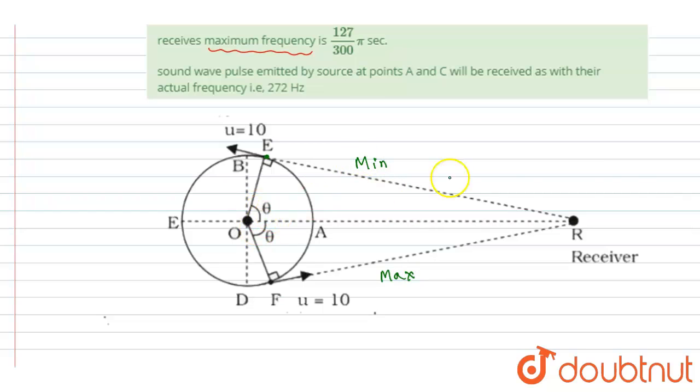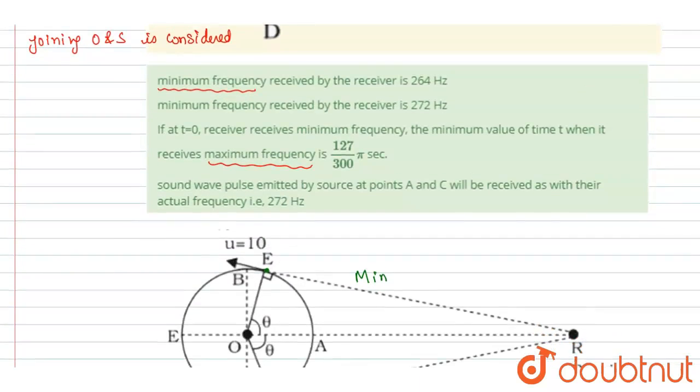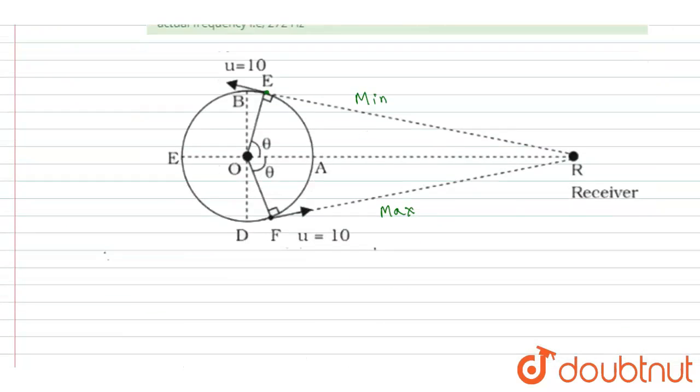And this angle is 2 theta, right? So if I calculate the minimum frequency, we can just put the value here. As we have already seen, the apparent frequency is V minus V0 by V into F, since all the component is directed along the line joining observer and the source. So this will be the minimum frequency, right?